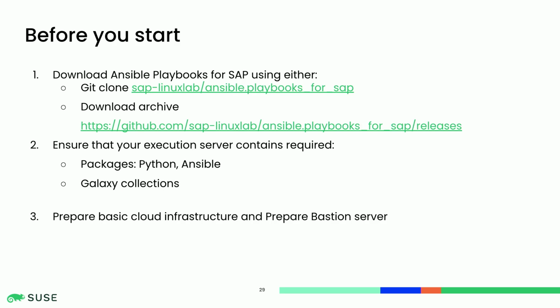Before we start, we need to download the repository using Git clone. If you are more of a developer, you can use the clone. But if you don't have Git, you can go through the releases and download it as an archive.